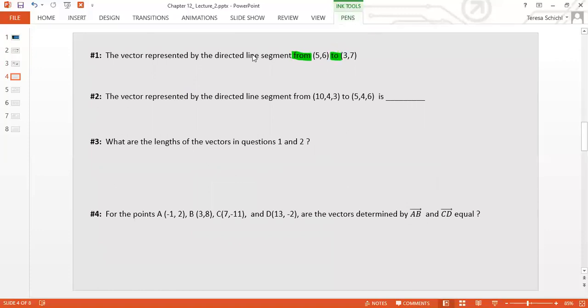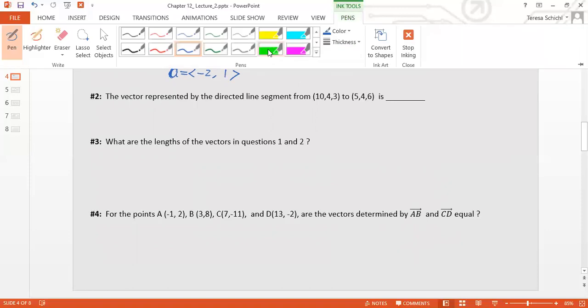I can call this vector a, and you bold it. It's from A to B, so you use the terminal point minus the initial point. 3 minus 5 is negative 2, and 7 minus 6 is 1.